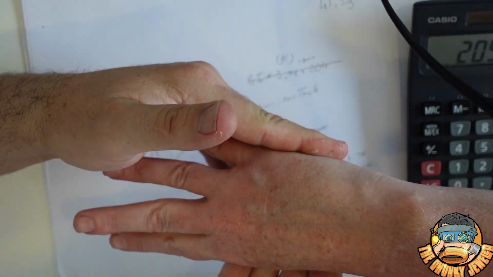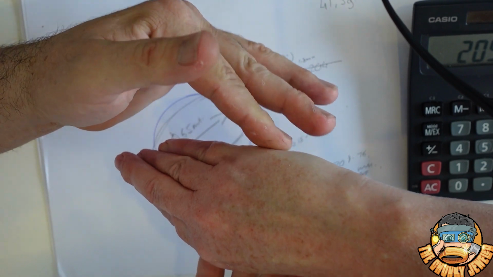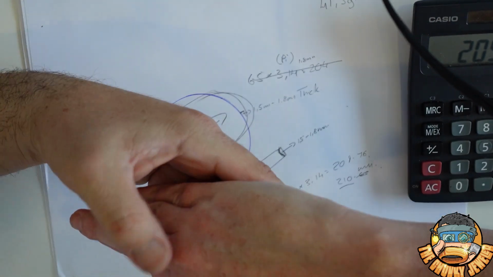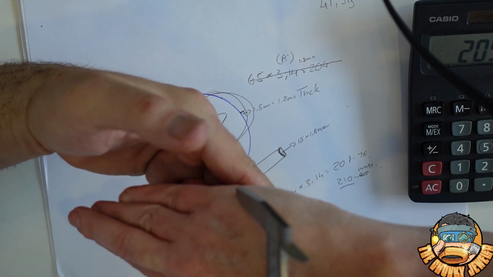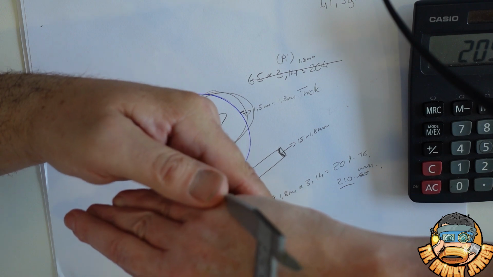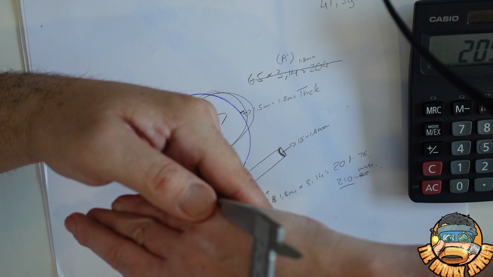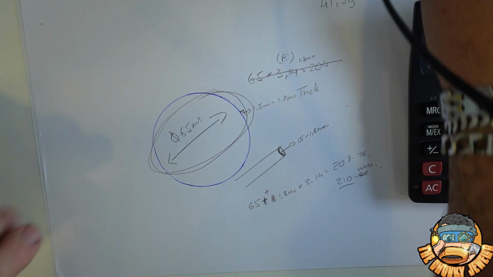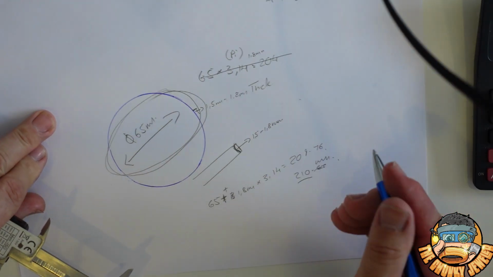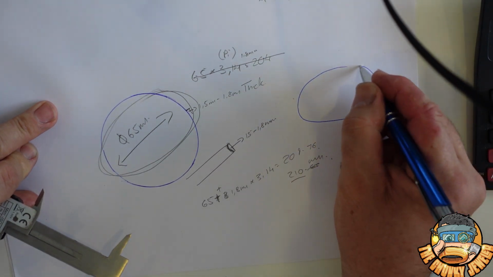is get your client to fold her hand in as far as she can. Then you measure across from the knuckle of the little finger to the knuckle of the index finger. So that is 65.5. So we'll do the oval.